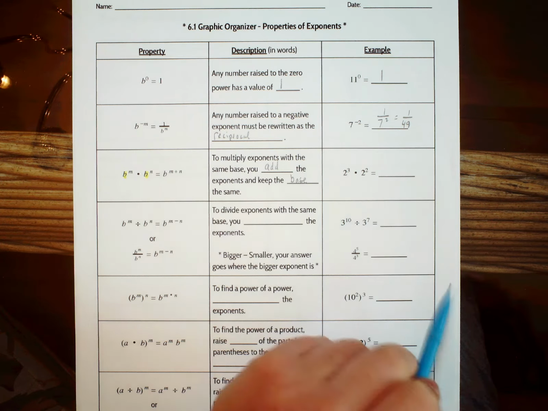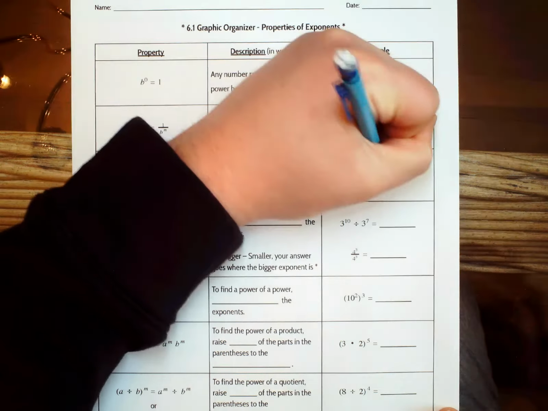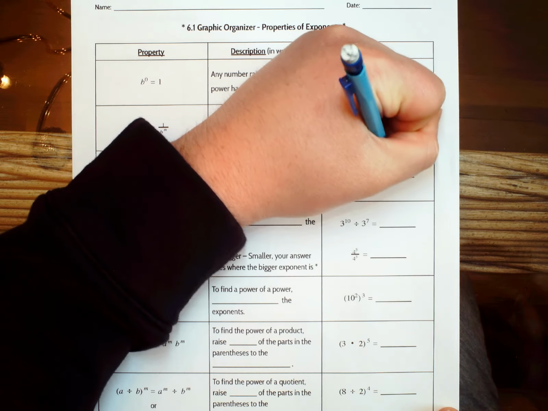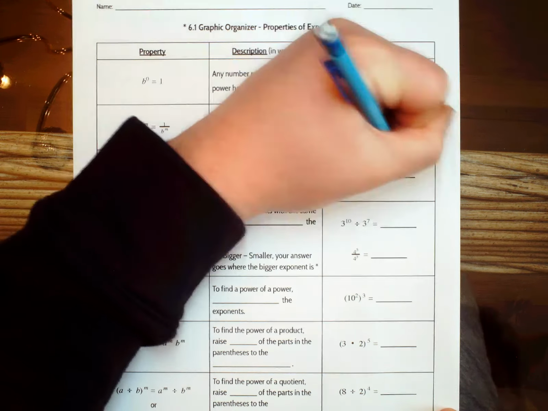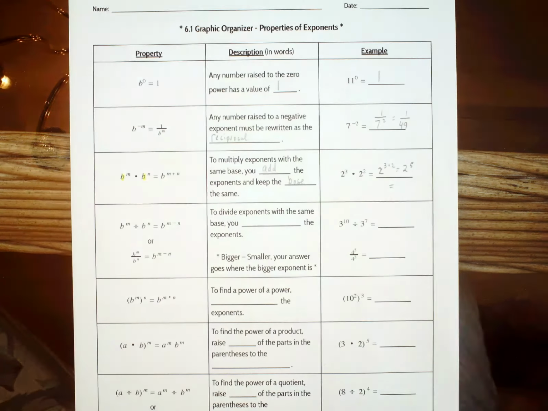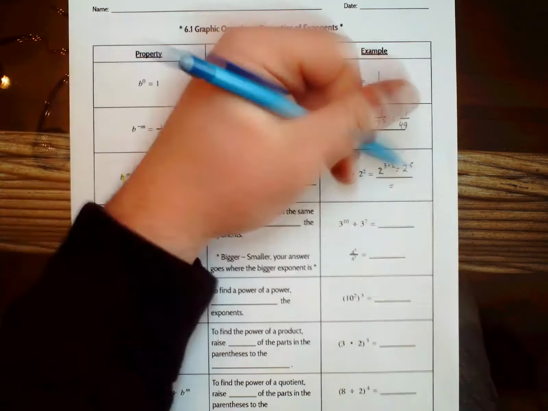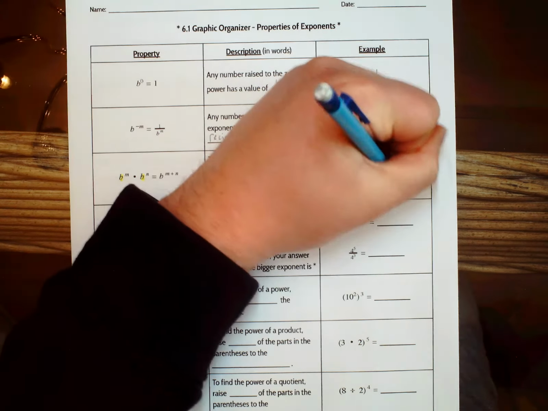It's not 2 to the sixth, it's 2 to the 3 plus 2, which is 2 to the fifth. And once you realize it is 2 to the fifth, you could use your calculator, whatever you want to use, it's just 32.